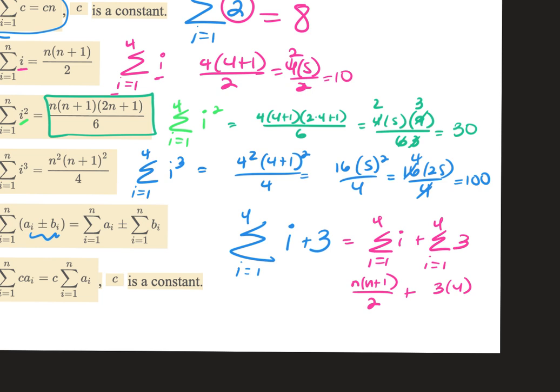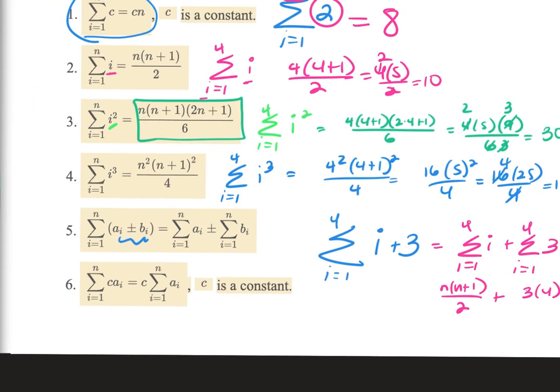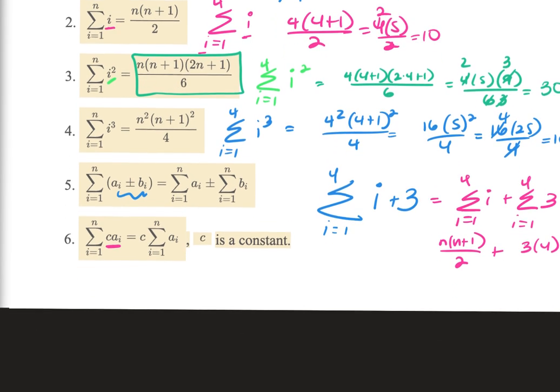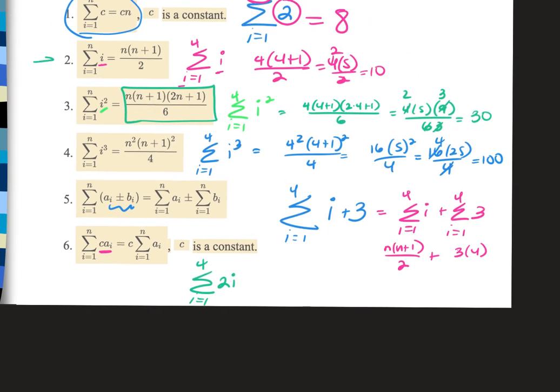We'll do this again on the next example, and then the very last rule says if there's a number multiplying your term, you can just bring it to the front, follow your summation rules, and then multiply it at the end. So for example, if it said the summation of 2i, and again, let's say n is 4. For this rule to work, it has to be just i. So I would take the 2 and bump it to the front.